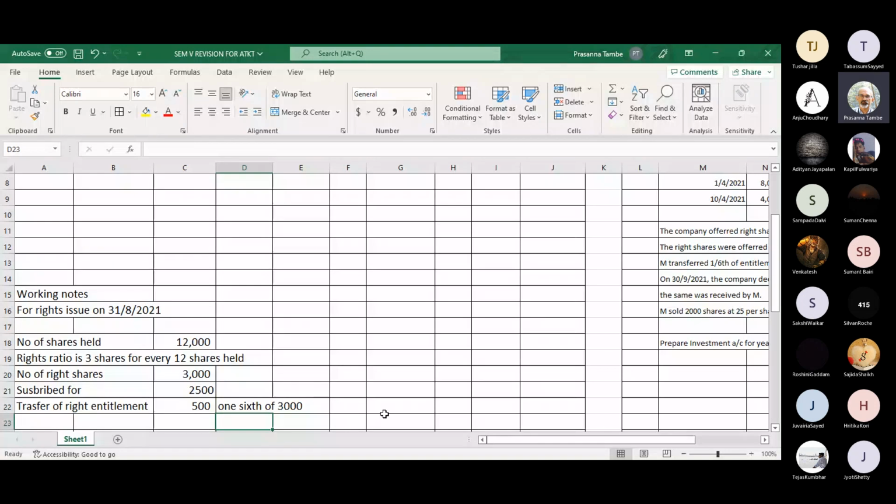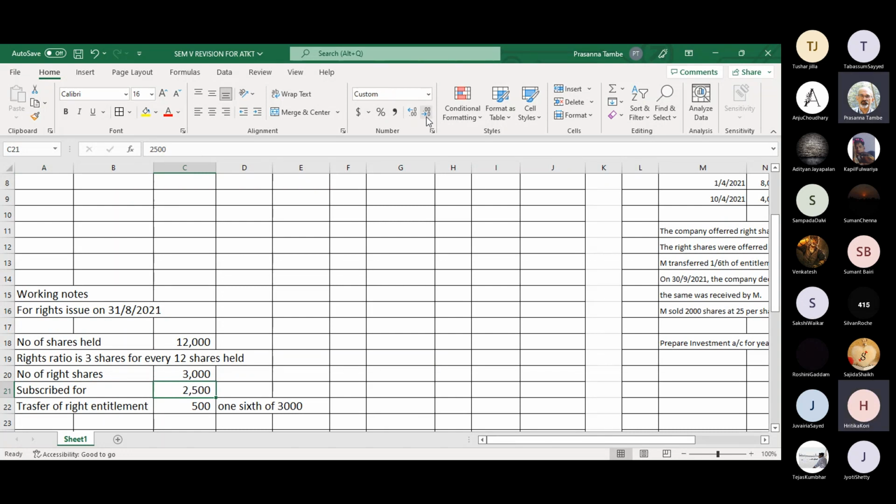So that's how he had transferred 500 shares. He did not subscribe for those, but he actually subscribed for 2,500 shares. Has everyone understood this calculation?